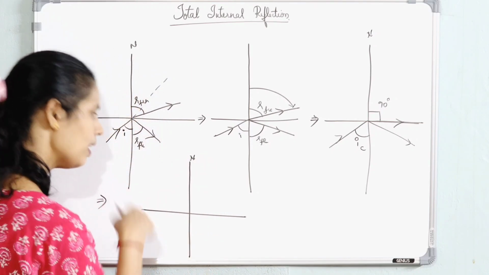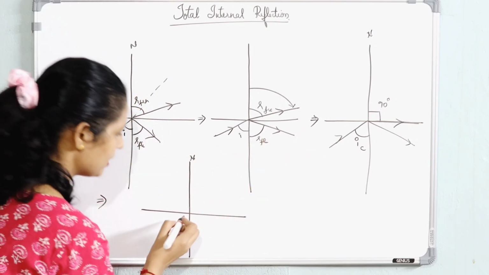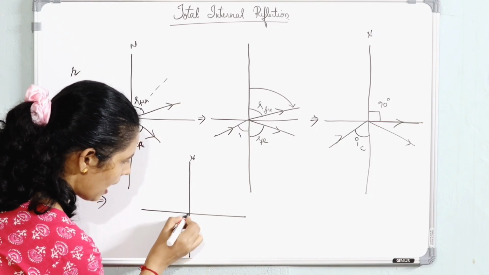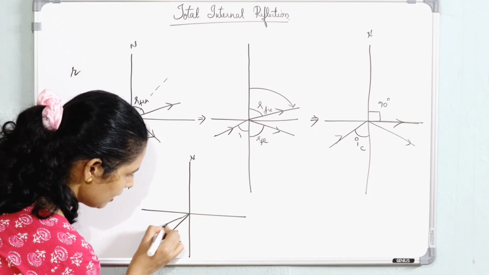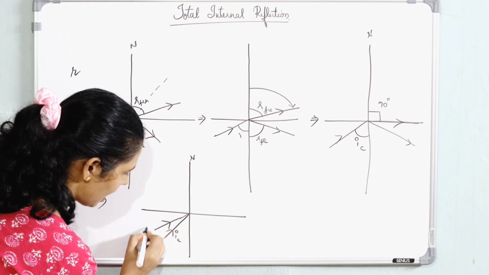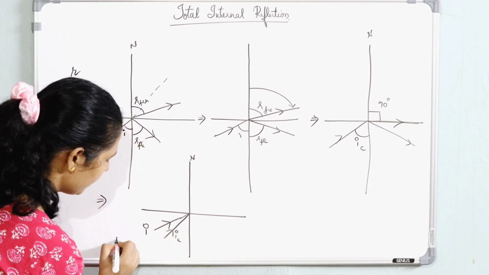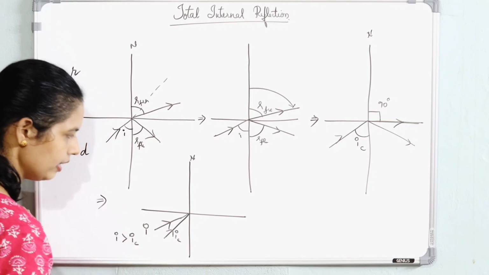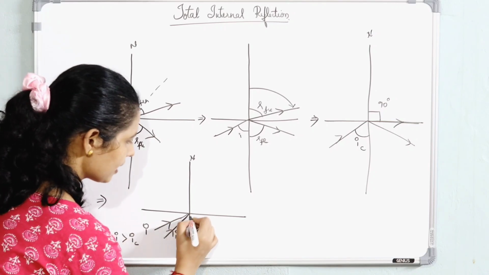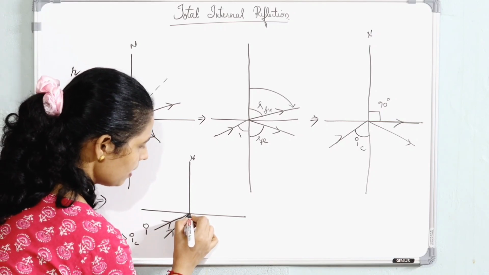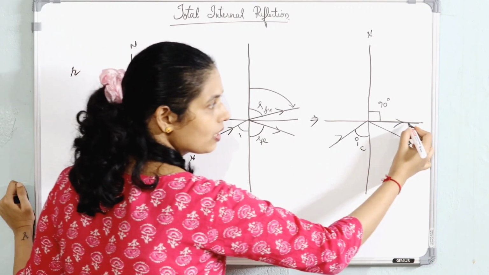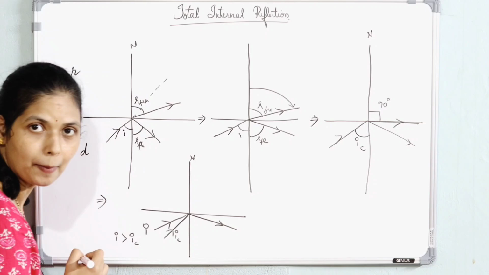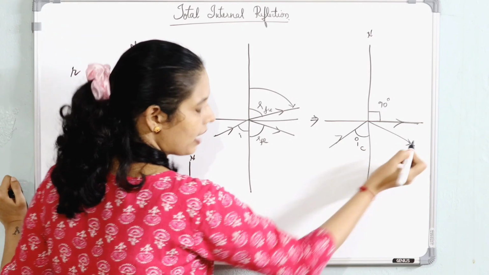Here is the normal. We'll further increase the angle of incidence. Let's say this is the critical angle and I'm further increasing the angle of incidence. So this is the angle of incidence. Here the angle of incidence is greater than the critical angle. Here at this condition, what happens? The refracted ray, which was overlapping here, comes in the same medium and overlaps with the reflected rays.